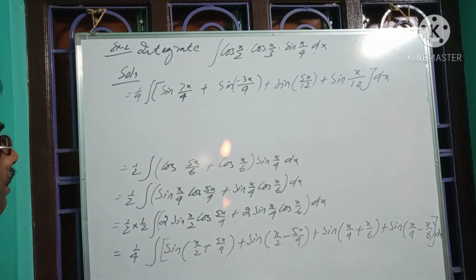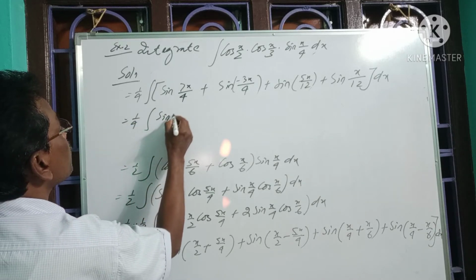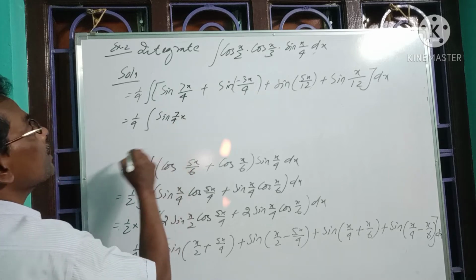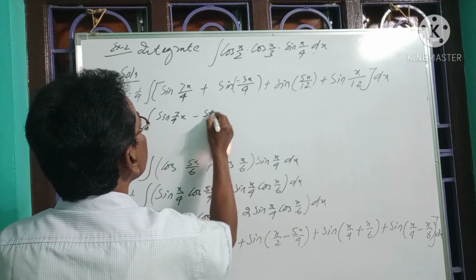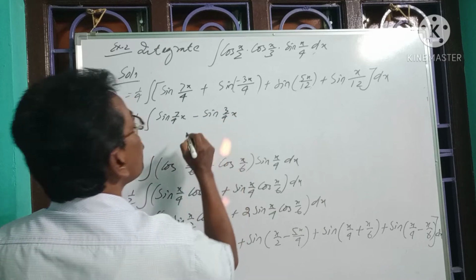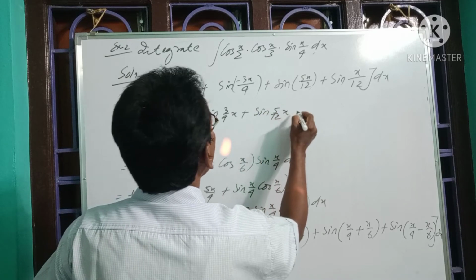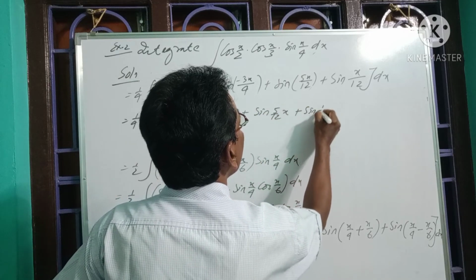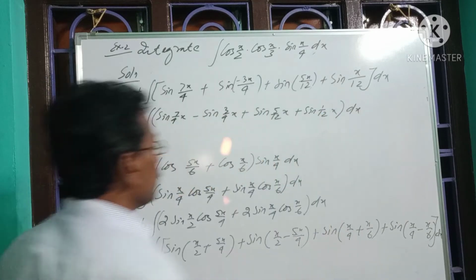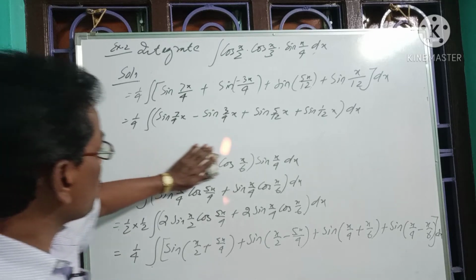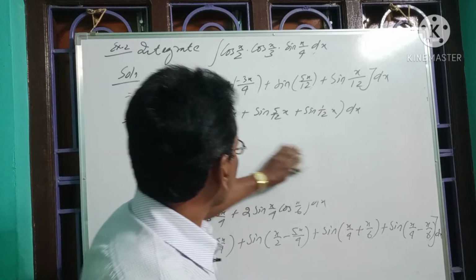Now again simplifying we have 1 by 4 into integration of sin of 7 by 4x minus, so it is sin of minus theta, which is minus sin theta. So we have minus sin 3 by 4x plus sin of 5 by 12x plus sin of 1 by 12x, whole integration with respect to x. Now after transforming we are able to integrate all the functions, so all the integrals are integrable.